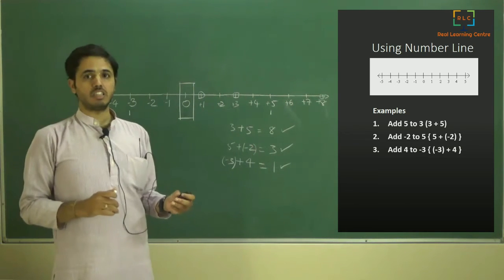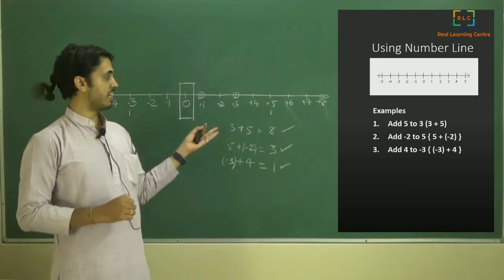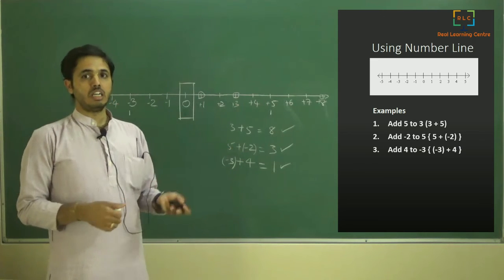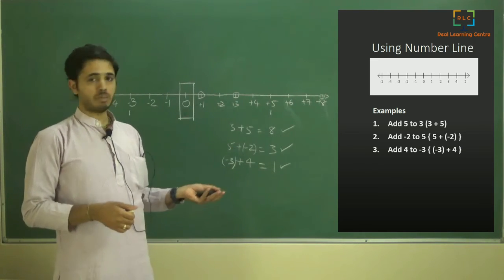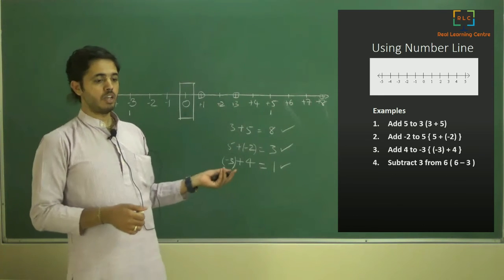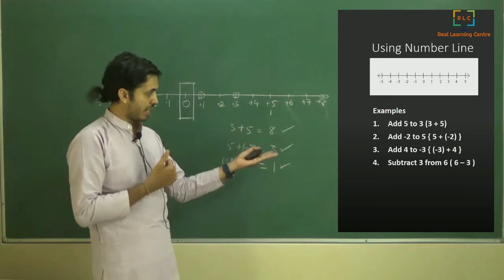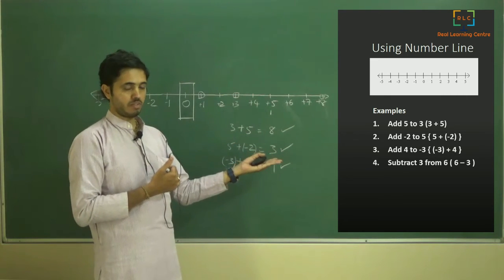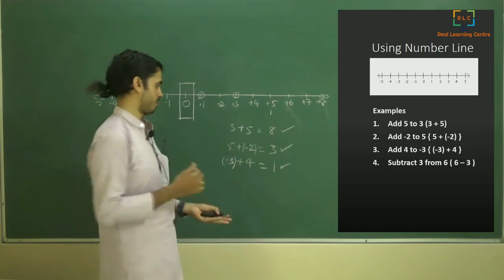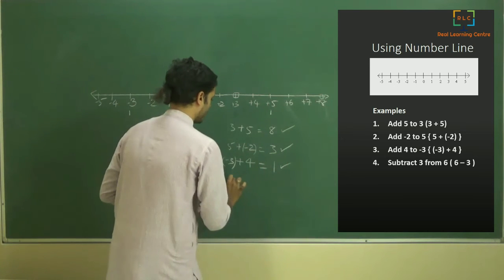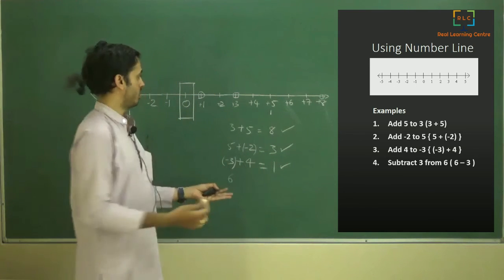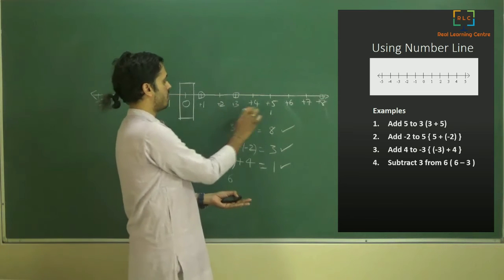So having learnt the concept of addition, adding positive and negative numbers, let's take some examples of subtraction also. Now the example, subtract 3 from 6. Now 6 is a positive number. Start from 0, 1, 2, 3, 4, 5, 6.